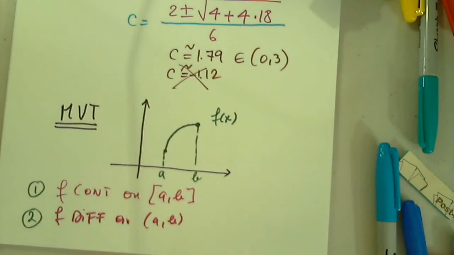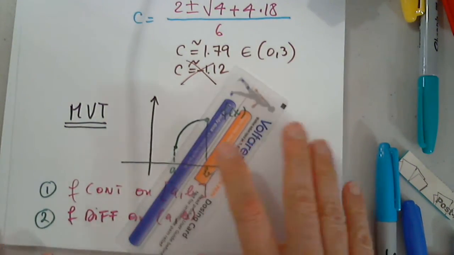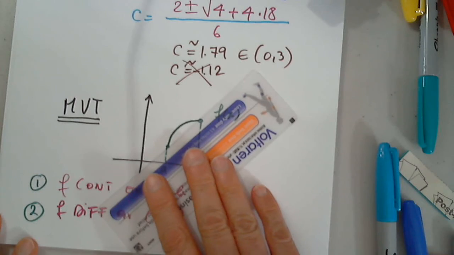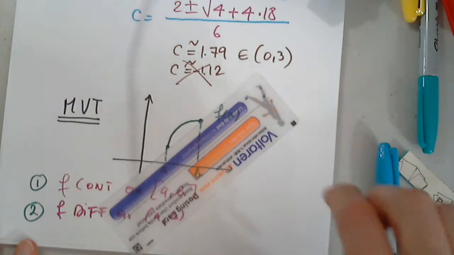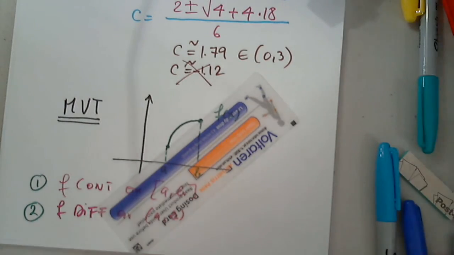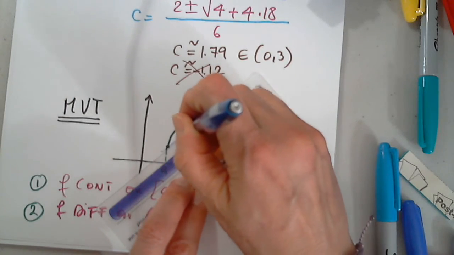Now the conclusion. This is the secant line. Imagine the secant line going through these 2 points.